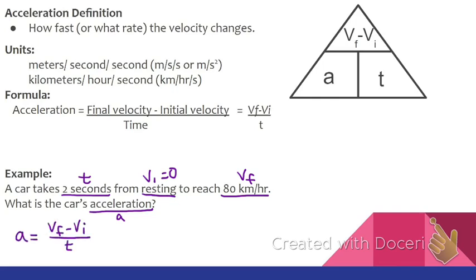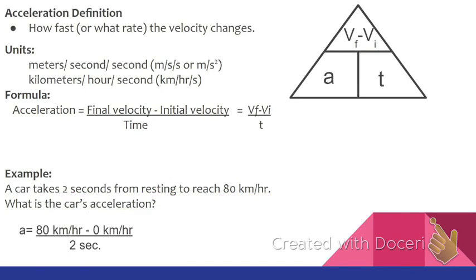I like for us to continue to work on writing out our equations. That will really help us make sure we're putting all of our variables in the correct spot. So if I'm solving for acceleration, remember I'm going to cover up the A, and then I look that I have velocity final minus velocity initial over time. Then I can plug in my information: 80 kilometers per hour minus 0 kilometers per hour, remember, because I started at rest, over 2 seconds.